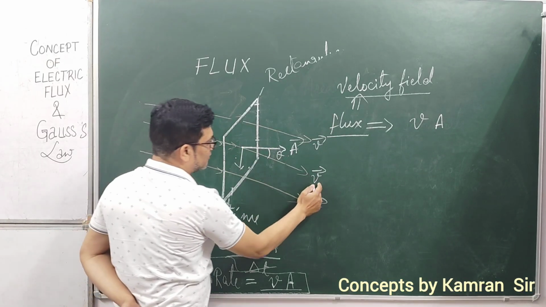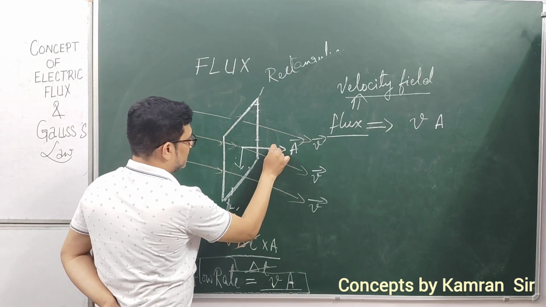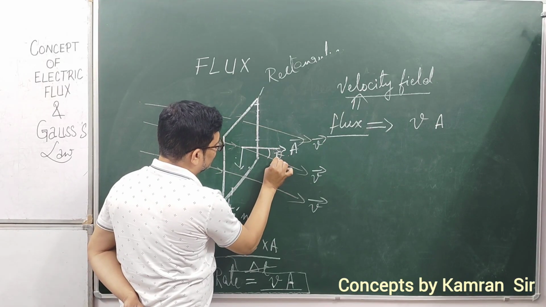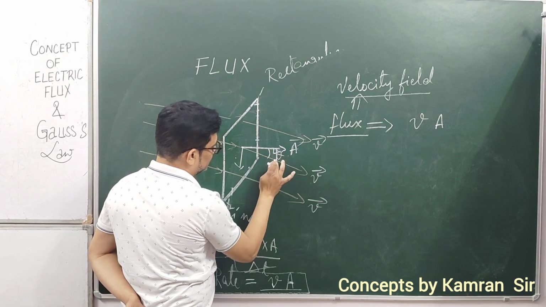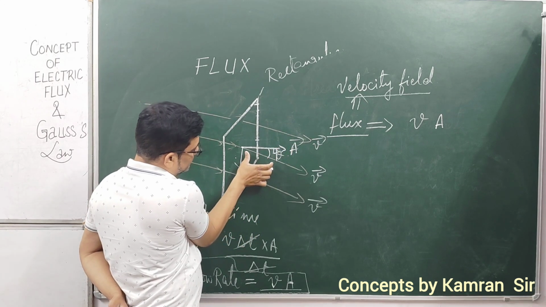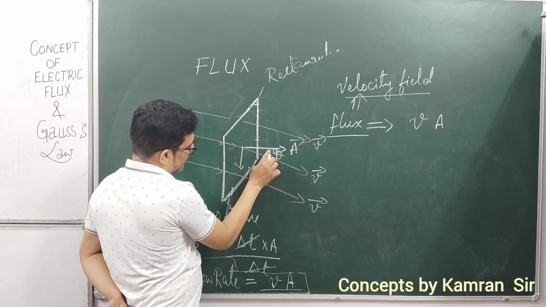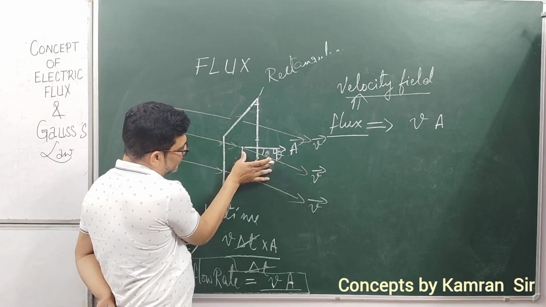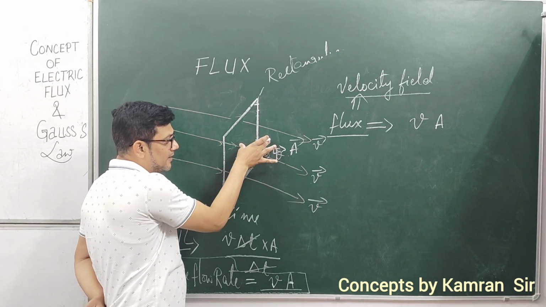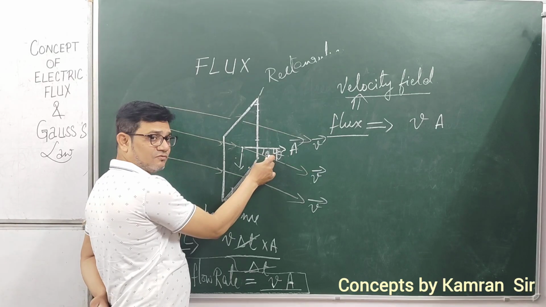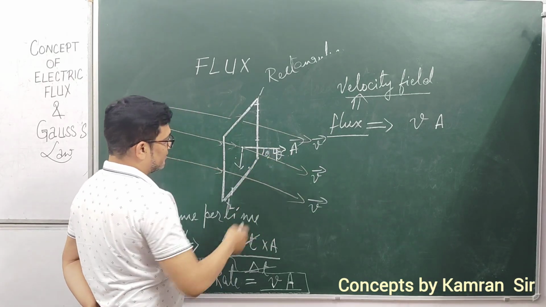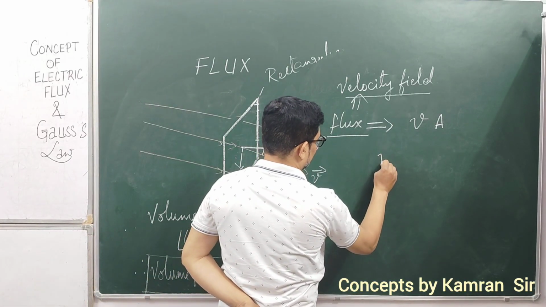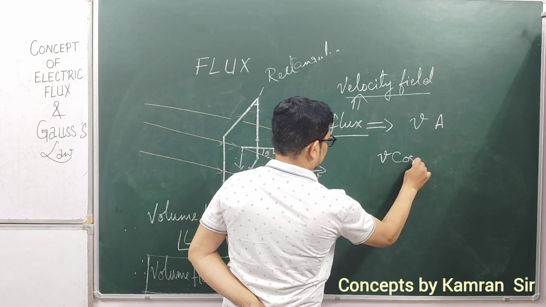The component of V which is in parallel or in direction with A. If I drop a perpendicular from this velocity vector to the area vector, this component of velocity is in this direction, making an angle theta with A. By our understanding of resolution of vectors, this is going to be V cos theta.